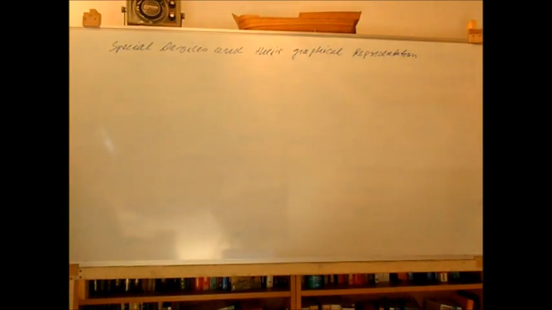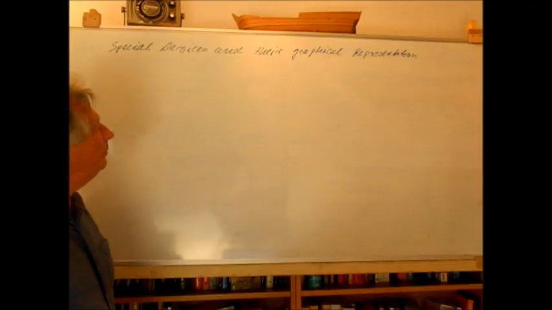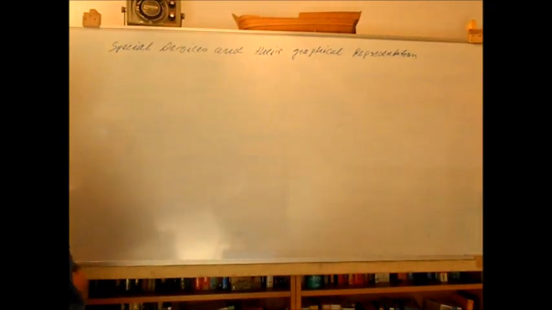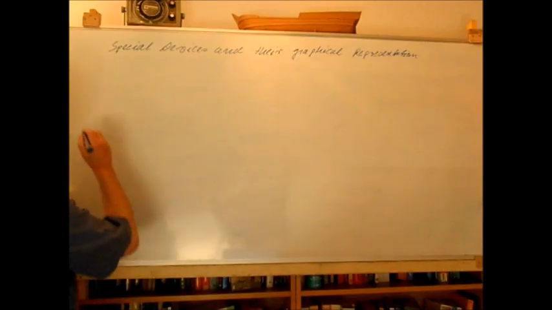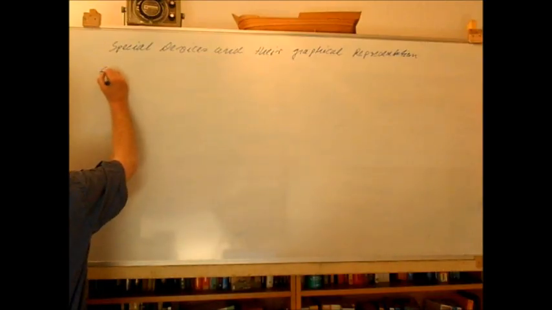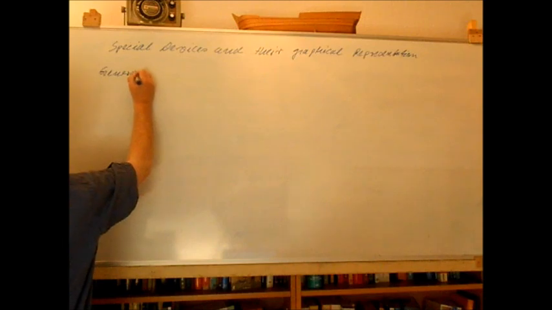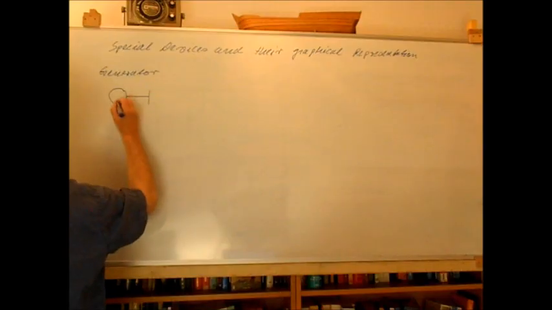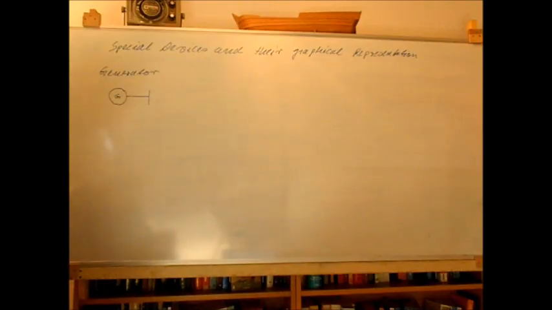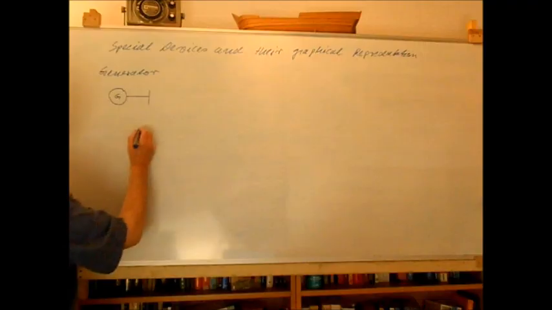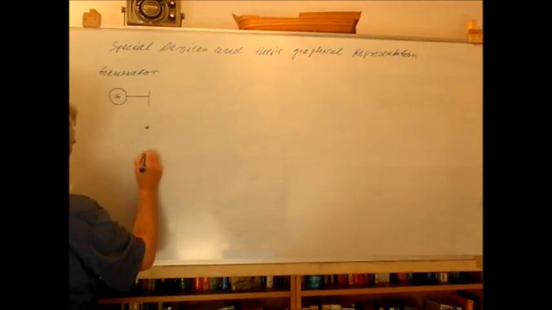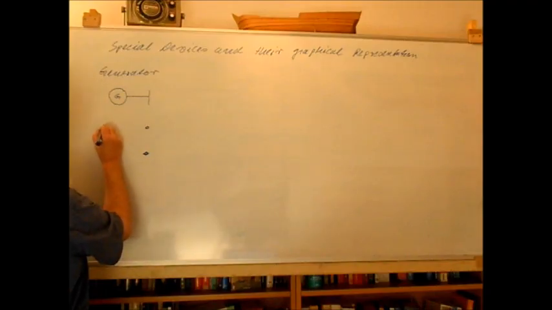I want to introduce now special devices and their graphical representation, and as a first device, of course, if we want to set up a certain measurement system, we need a generator. So in principle this is a one port, which will provide a certain wave amplitude, and we can sketch it in principle like this, that we have here A1, B1, here A0.